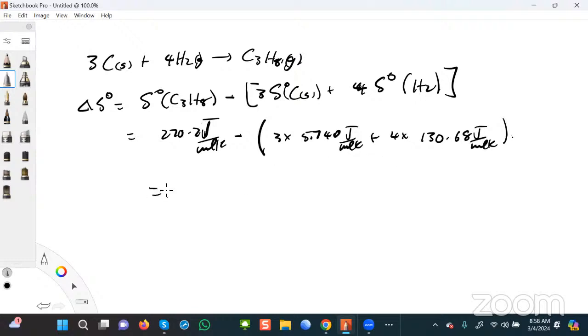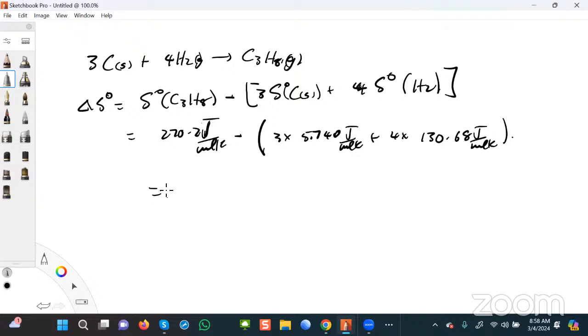And we'll just do the number crunching. So 4 times 130.68 plus 3 times 5.740 equals that. And then I'm going to subtract that from 270.2.